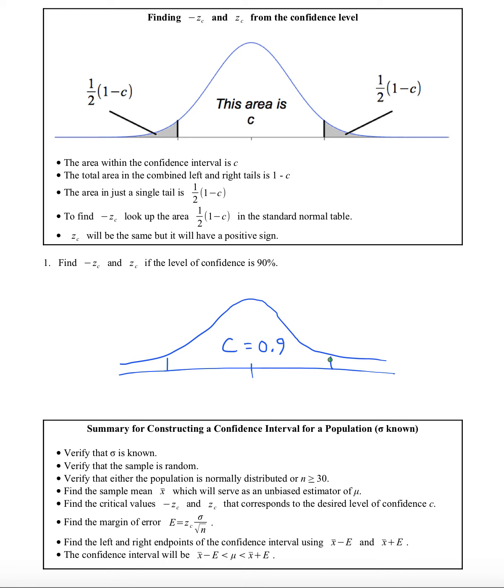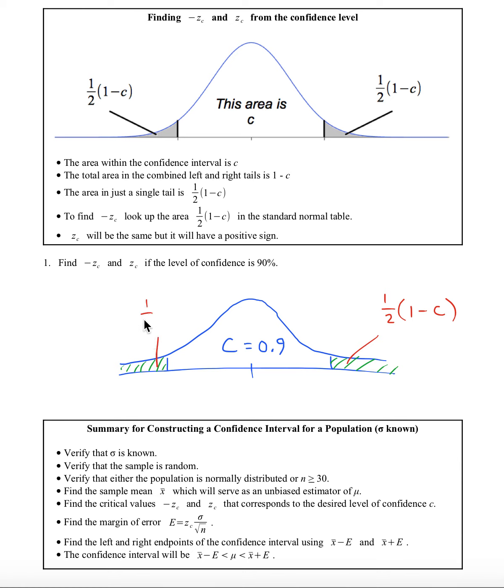We'll shade the tails, and we want to figure out how much area is in those tails. The formula for it is 1/2 (1 minus C).